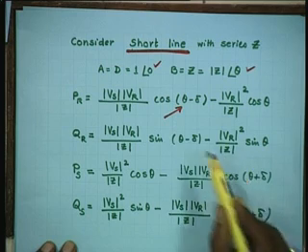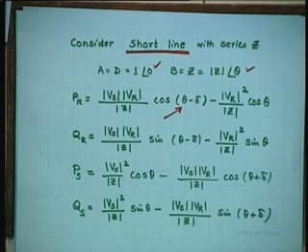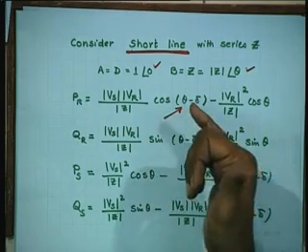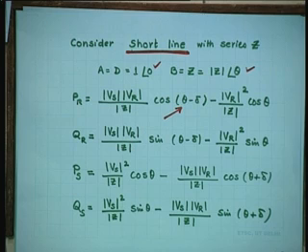I will give you 2 minutes to see whether you arrive at this point. Naturally, if you maximize this, the condition will be delta should be equal to theta, not yet 90.